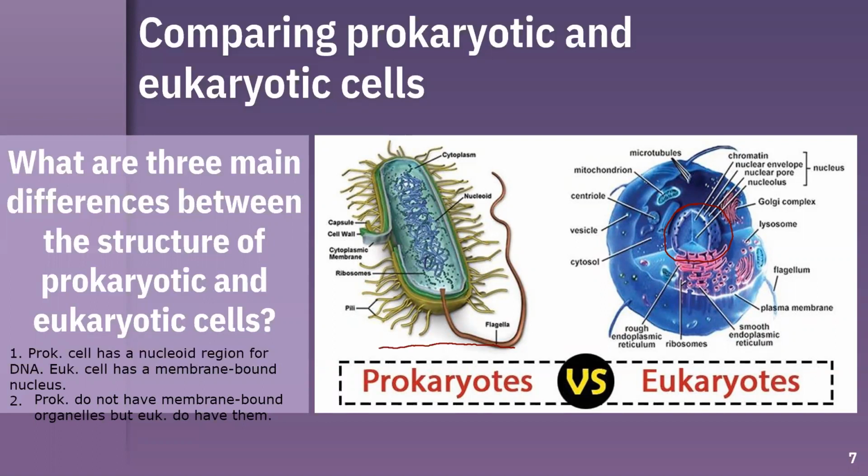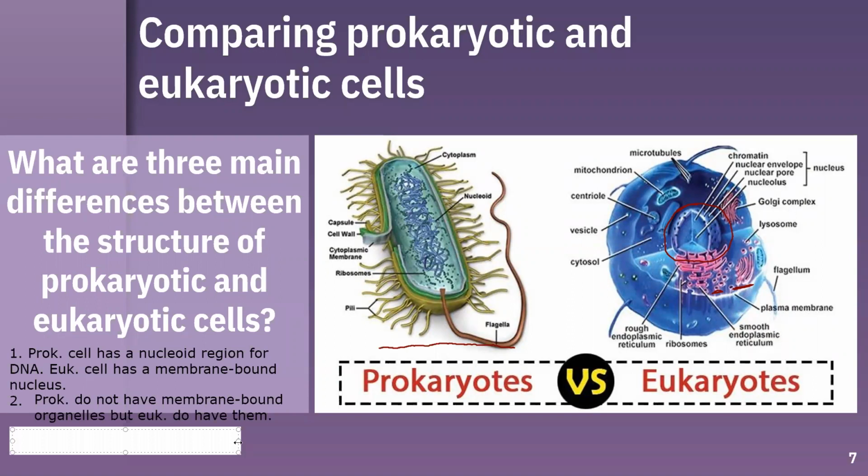So you can see in our eukaryotic cell on the right, there are all these little bubbles. Here's something that looks like a stack of pancakes, right? These are all organelles. They are enclosed by a membrane, and within them, specific functions are carried out.